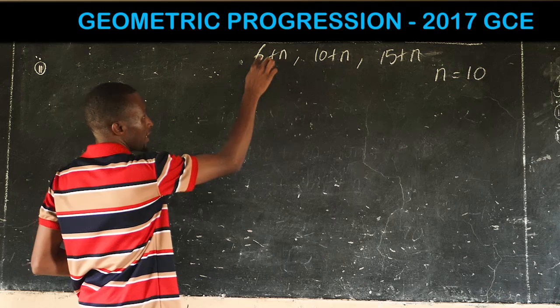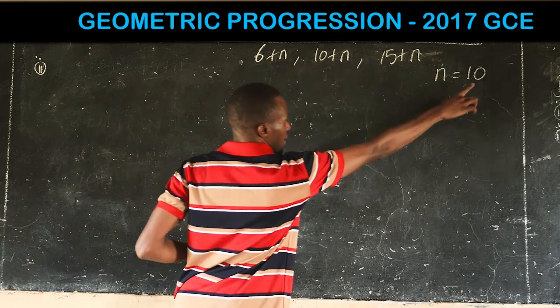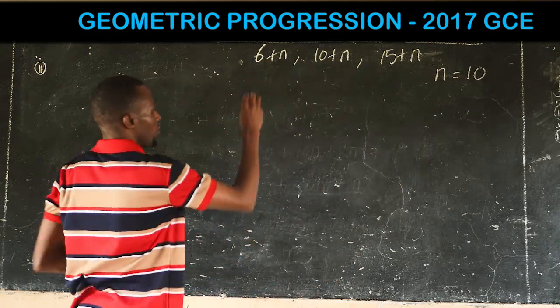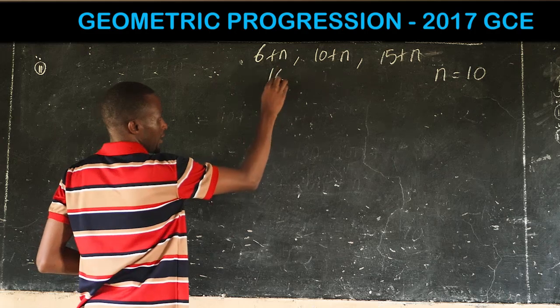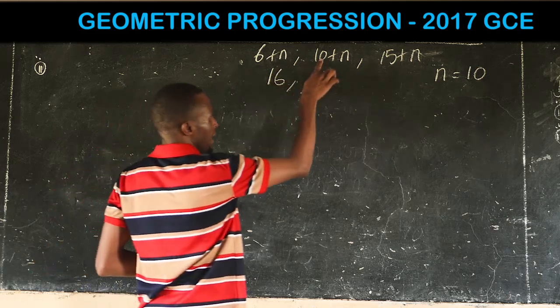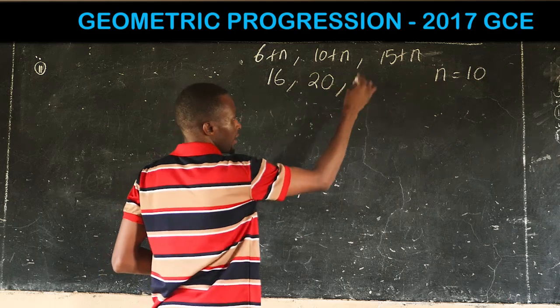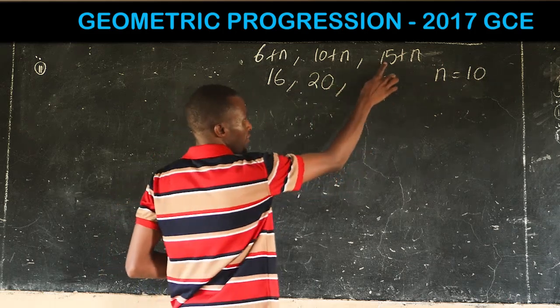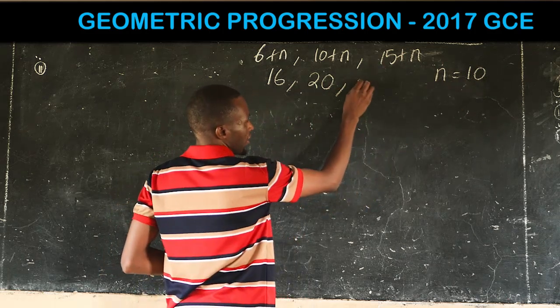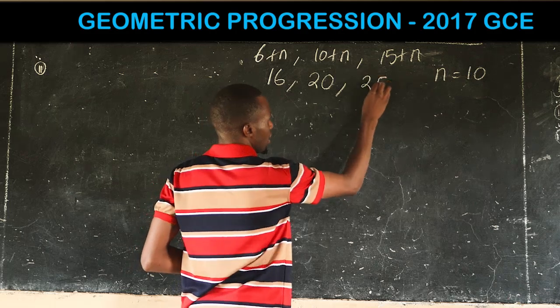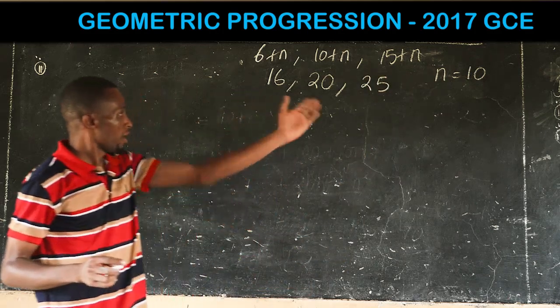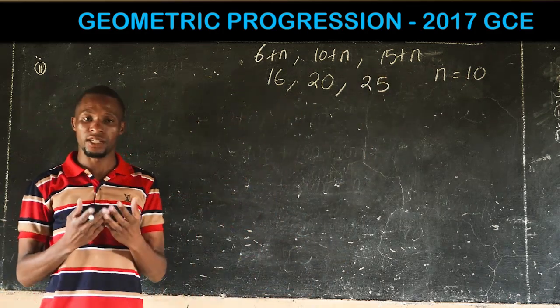So 6 plus 10 will give us 16, comma, 10 plus 10 will give us 20. And then the third term is 15 plus 10, which is giving us 25. So those now are the first 3 terms of this sequence.